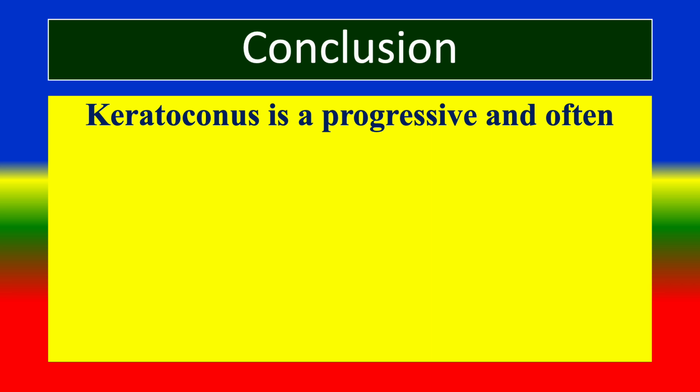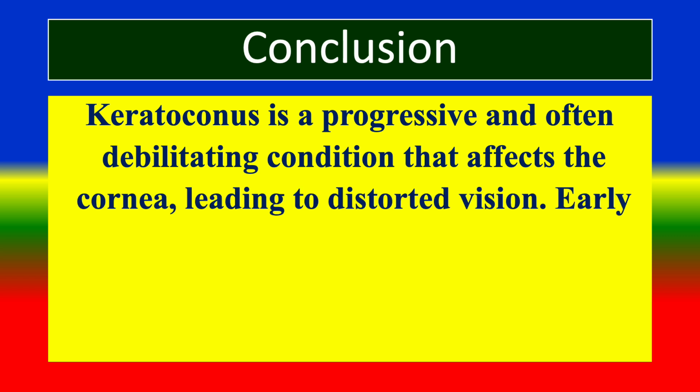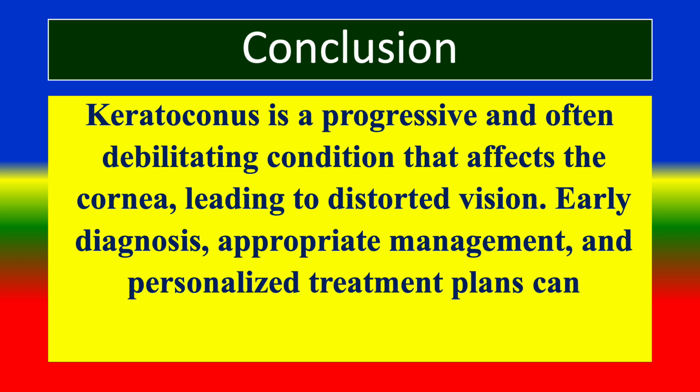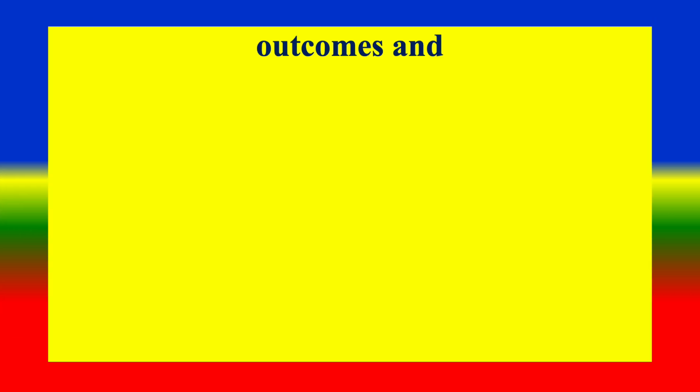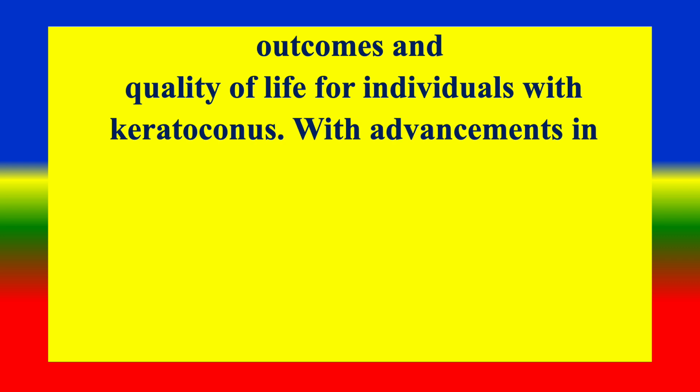In conclusion, keratoconus is a progressive and often debilitating condition that affects the cornea, leading to distorted vision. Early diagnosis, appropriate management, and personalized treatment plans can significantly improve outcomes and quality of life for individuals with keratoconus.